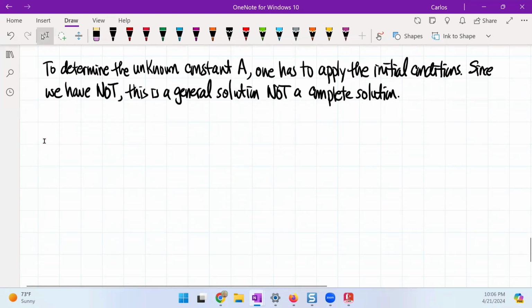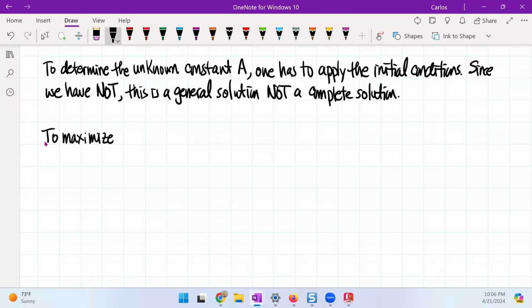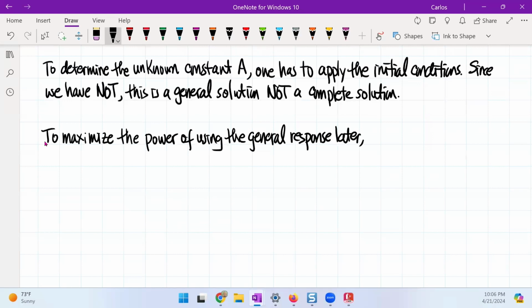So to maximize the power of using the general response later, what I mean later with the inductor, I will determine two constants. So the first constant is that we have to get the initial condition.